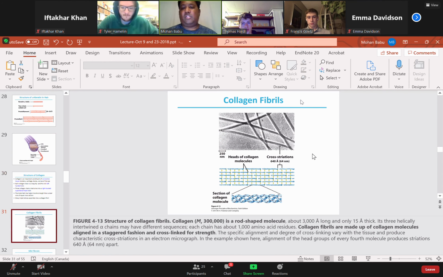The collagens are very rod-shaped molecules, and you can see that they are all very intertwined. The fibrils are made up of collagen molecules, aligned in a staggered fashion and cross-linked. The cross-linking is for providing strength.